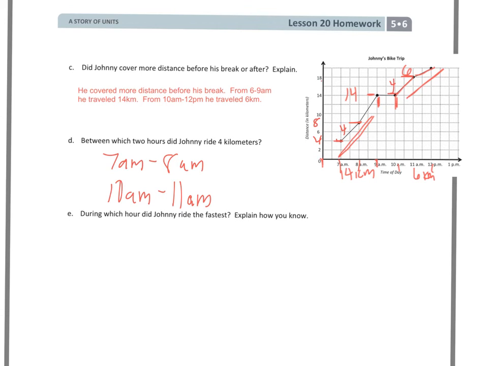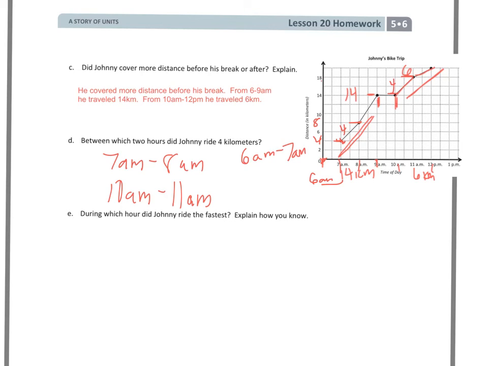And he did start at 6 a.m. He left, and his first point was right here at 7 a.m. So really, 6 to 7 might be considered a 4 kilometer because that's where our first point is, and we know he started at his house, which we're assuming is 0.